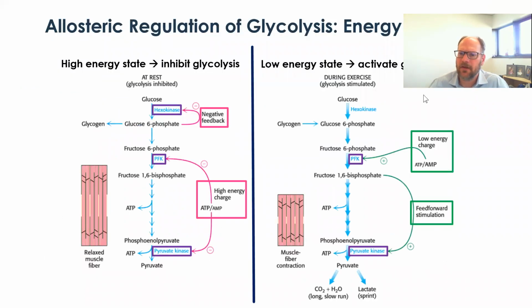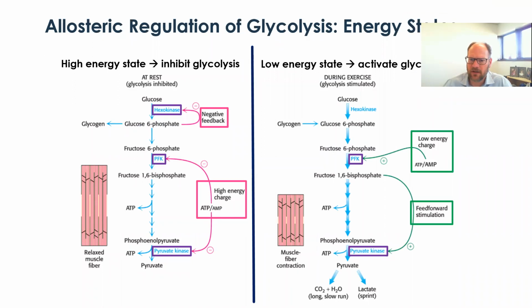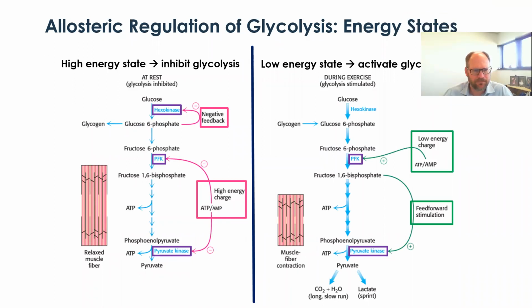Now, for glycolysis and other energy-related pathways, the overall energy state of the cell is a major regulator of metabolic activity. So AMP and ATP ratios have a direct impact on the activity of the rate-controlling steps in glycolysis.